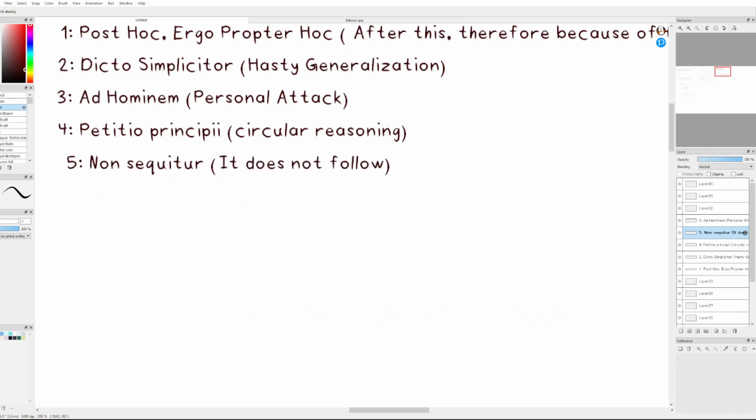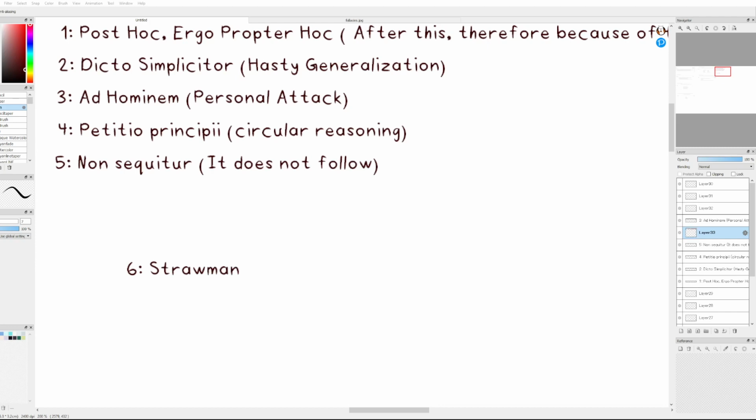The sixth fallacy that we have is straw man, which is building up an exaggerated or distorted view of the opponent. Basically, it's where you're making an argument that's really easy to tear down for your opponent, so you can look better.